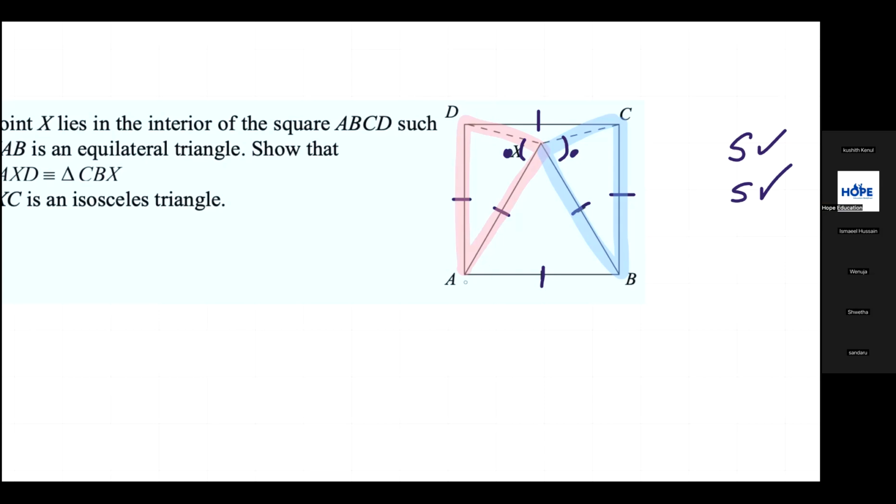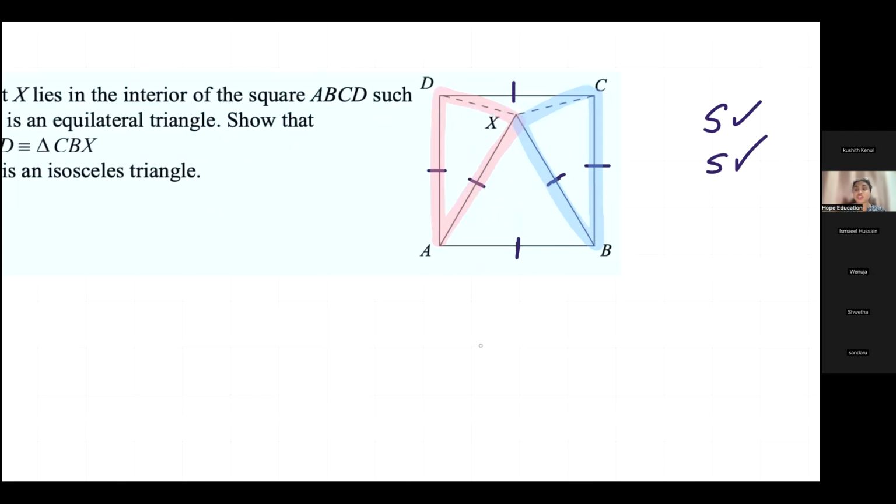Why are they not vertically opposite angles? Children, remember that vertically opposite angles occur only when two straight lines are intersecting. Here there is no such straight line, so we cannot take that.